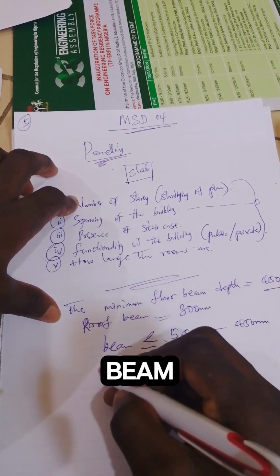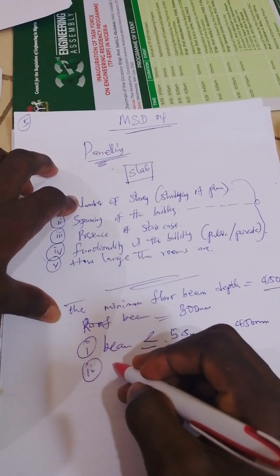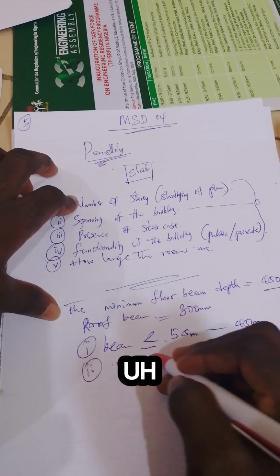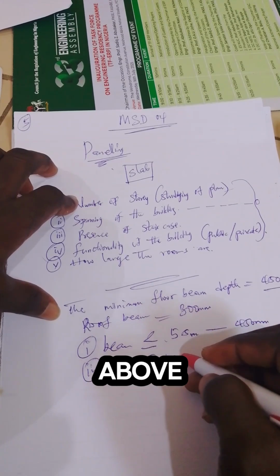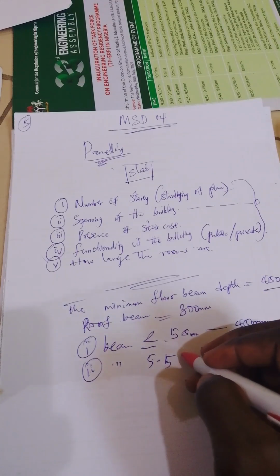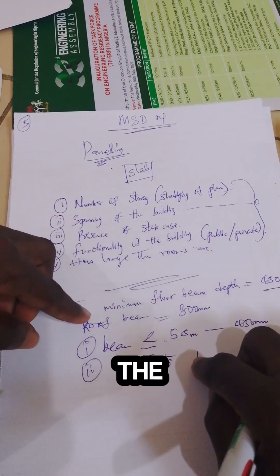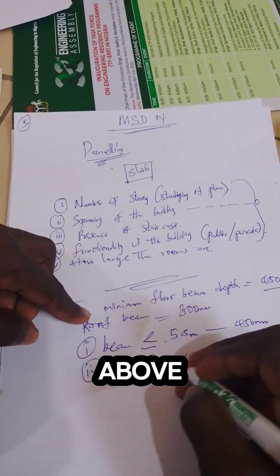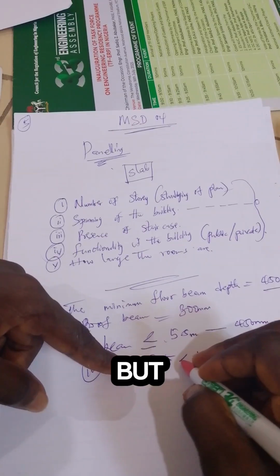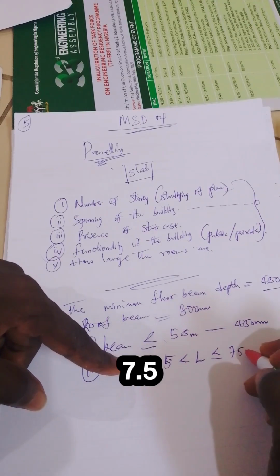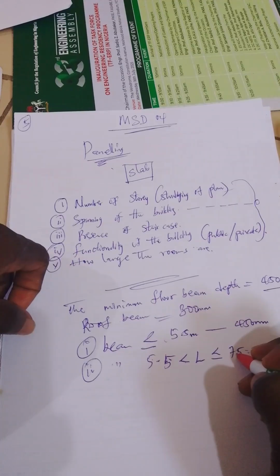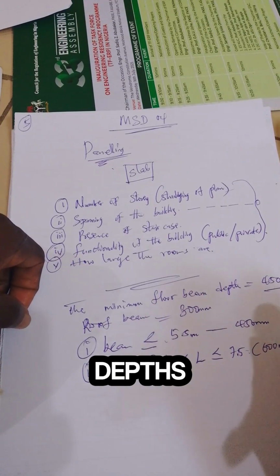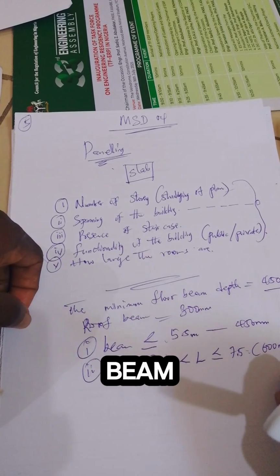Then when the beam is above, okay, L, if the L is above 5.5 meter but less than or equal to 7.5 meter, you use 600 mm as the depth of the beam.